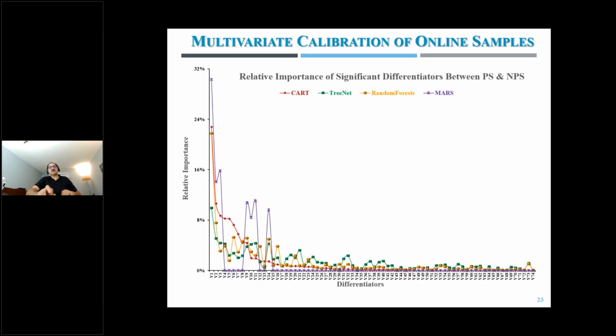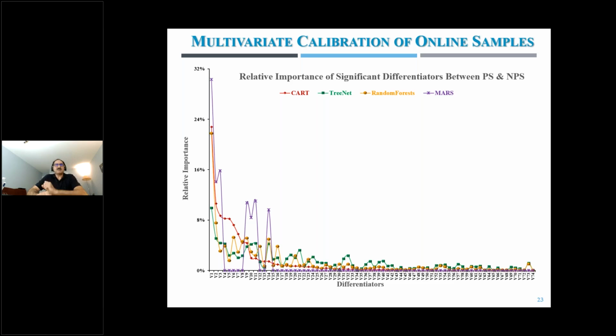We had conducted a series of studies way back then showing that when it comes to differentiating between respondents who come from online panels, non-probability samples, and the general population or probability samples, there are a handful of heavy hitters, a few major differentiators.